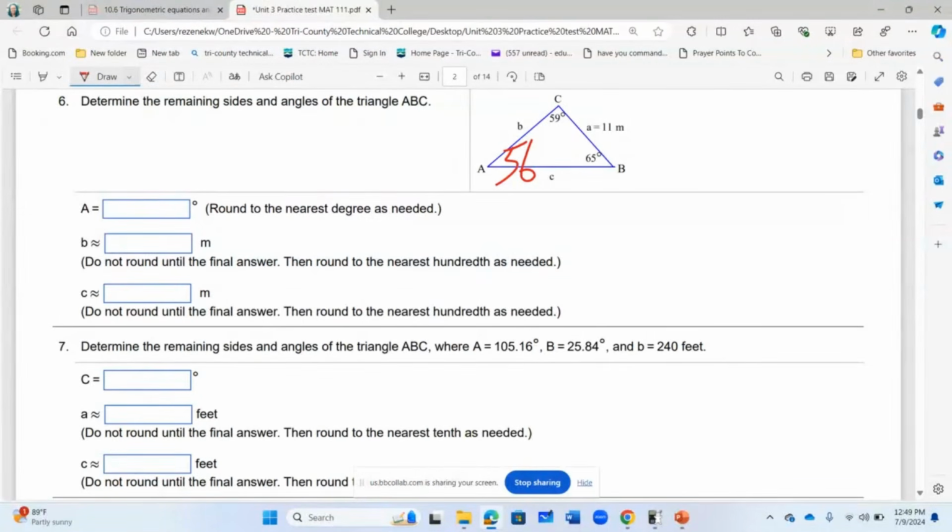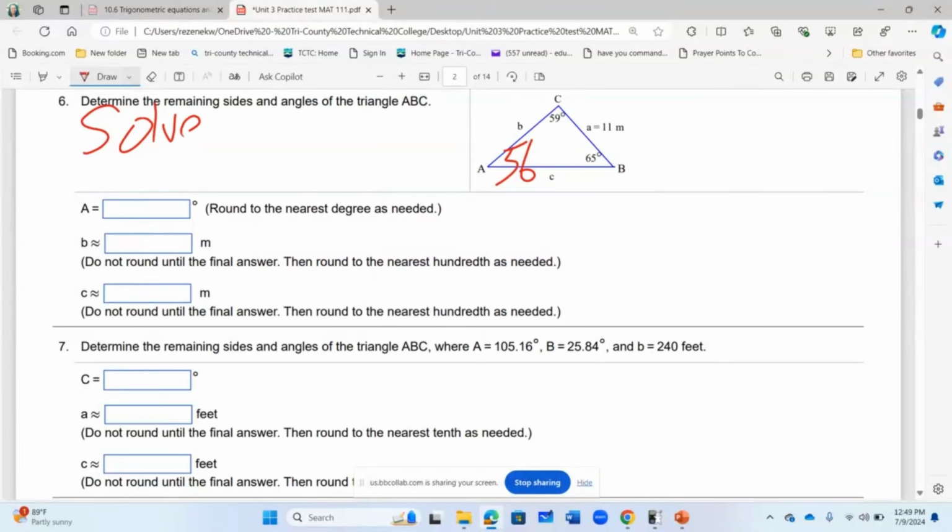Okay. Now, the next thing I want to do is, they told me to determine the remaining sides and angles. That is another way of saying solve the triangle.